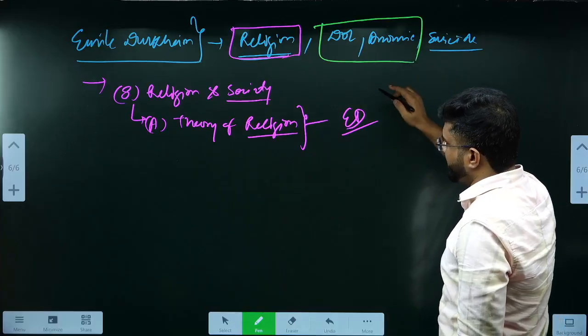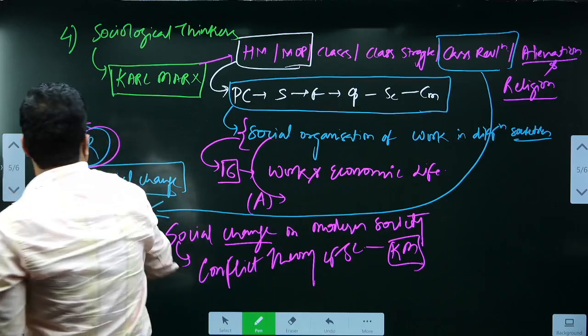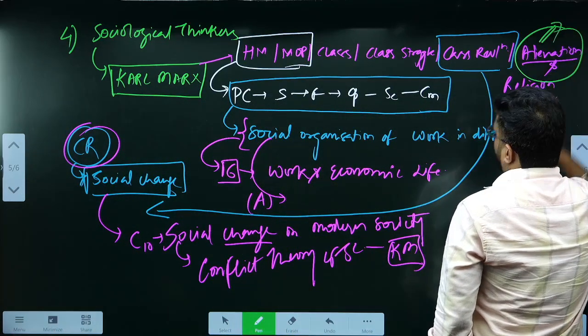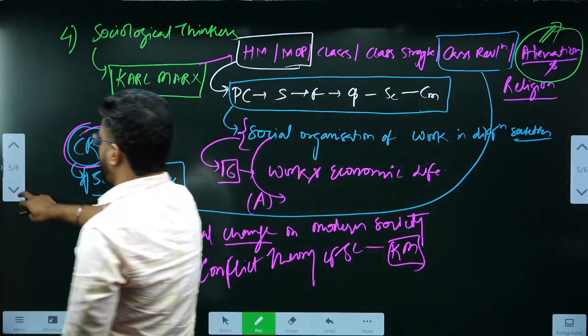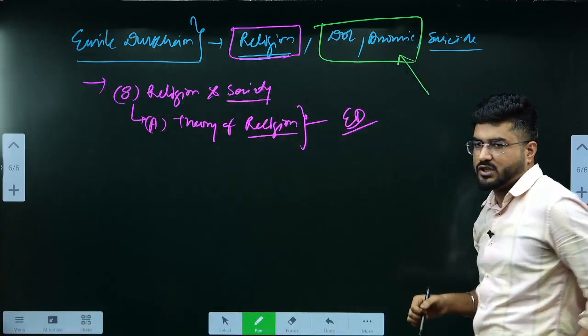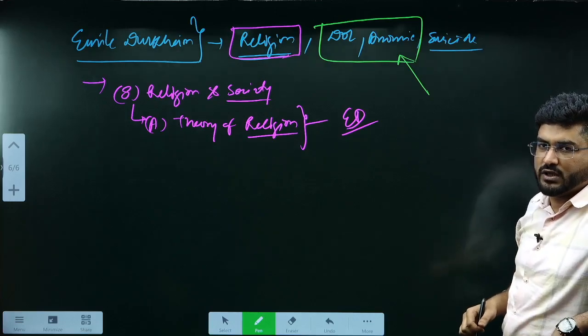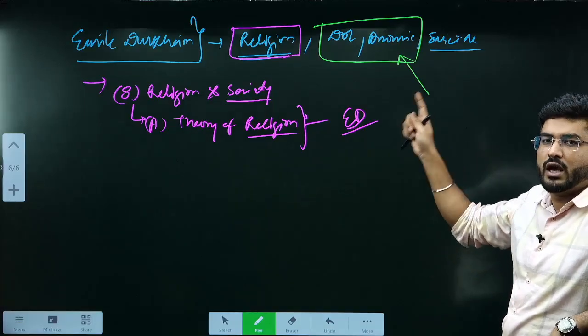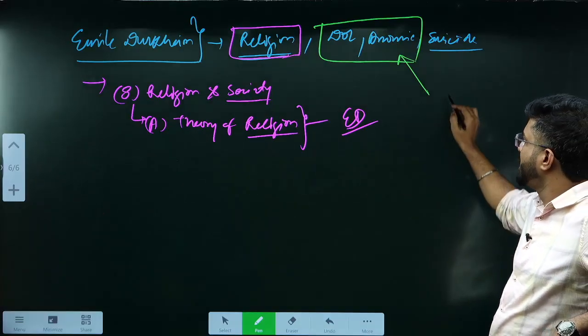Whenever you cover alienation from Karl Marx's perspective, make a comparative chart so that you cover the division of labor and anomie perspective of Emil Durkheim along with it in a comparative analysis. That chart should include another thinker, R.K. Merton.